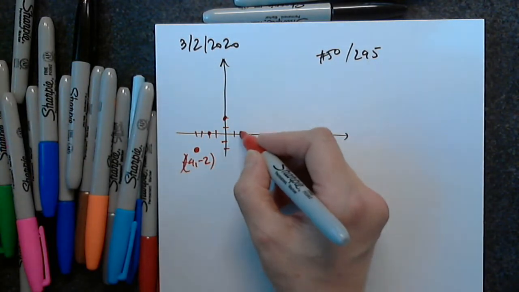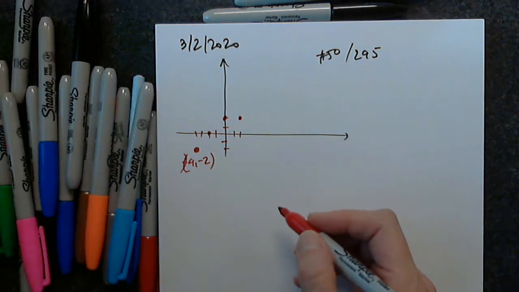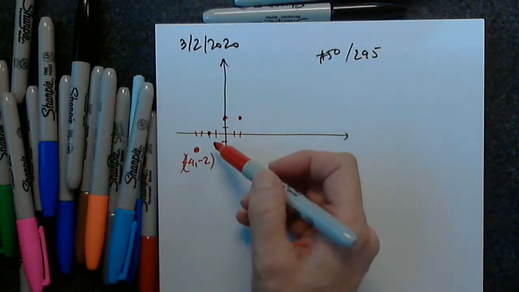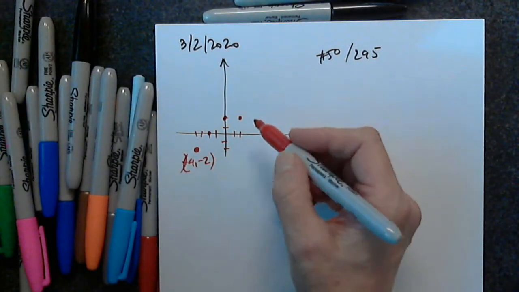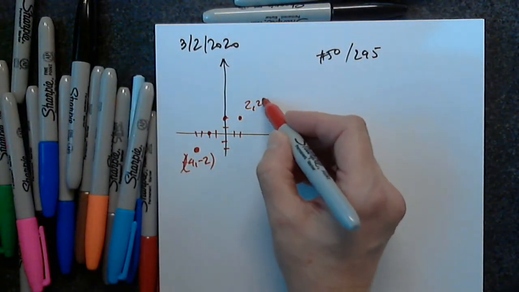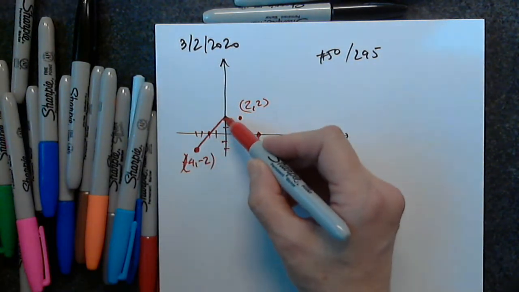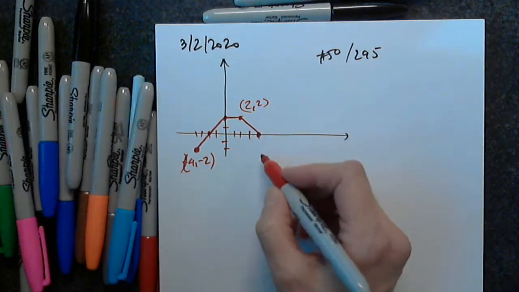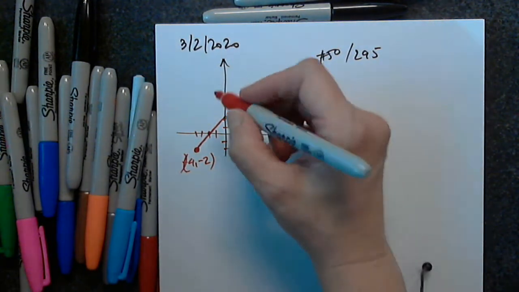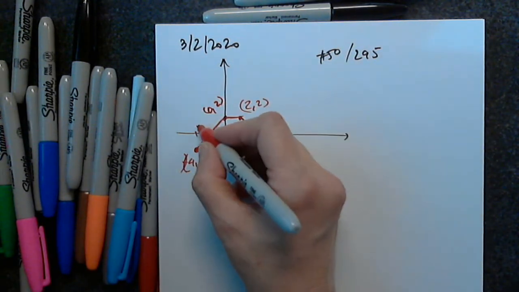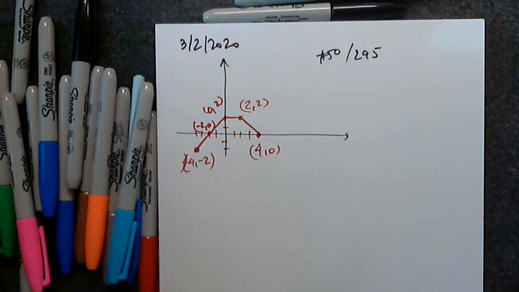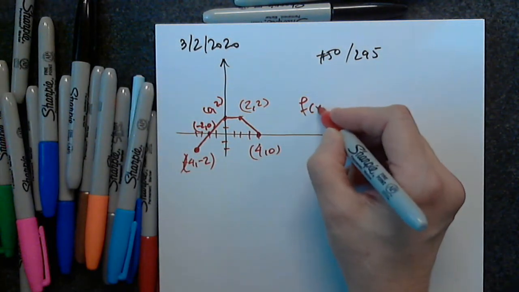We have 2, 0. We have -2, 0. We have 0, 2. We have 2, 2. And we have 4, 0. So here's the graph. So this is 4, 0. This is 0, 2, and this is -2, 0. And this is the graph of f of x.